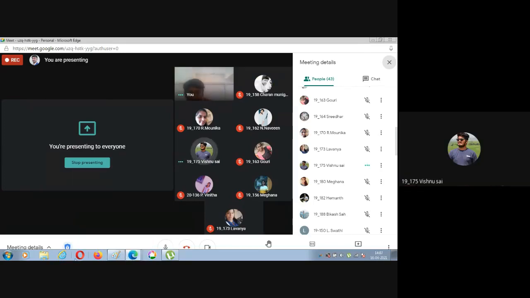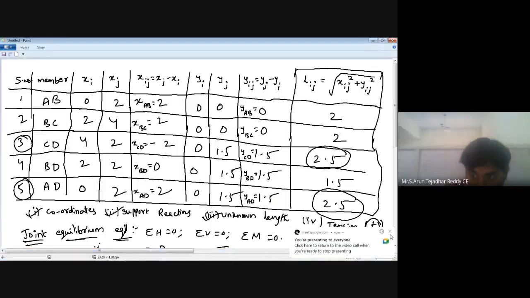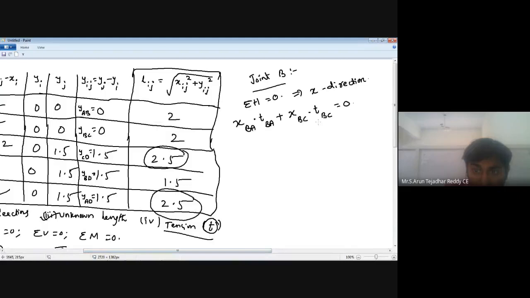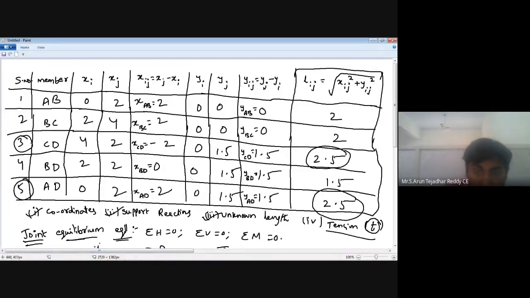Once observe this table and observe the formula. Here XBA, XBC. I need the XBA value. What is the XBA value here? Tell me.